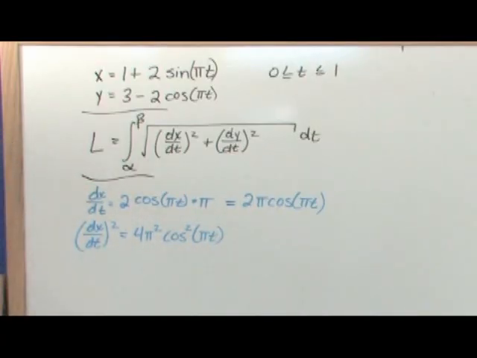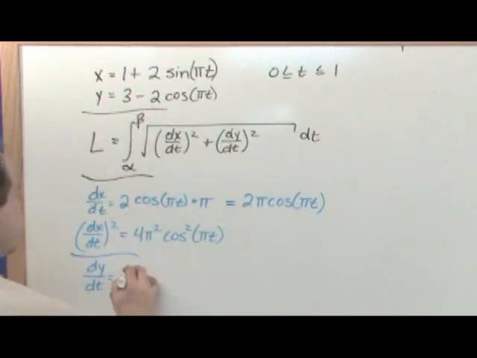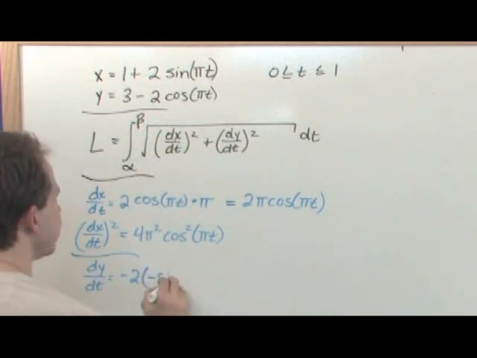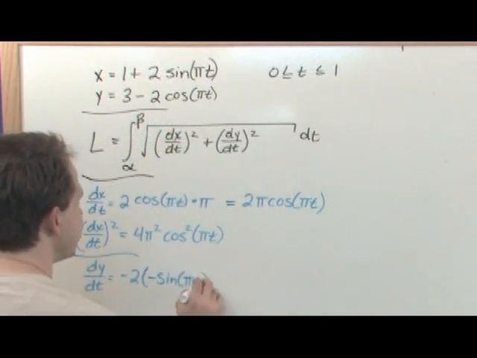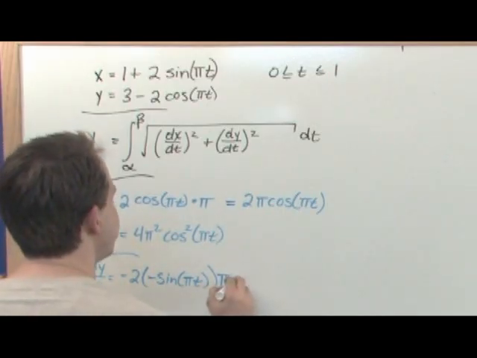Now dy dt is going to be equal to, looking up here, derivative of 3 is 0. Looking here, negative 2 times the derivative of cosine, which is negative sine of pi t, times the derivative of the inside, which again is pi.